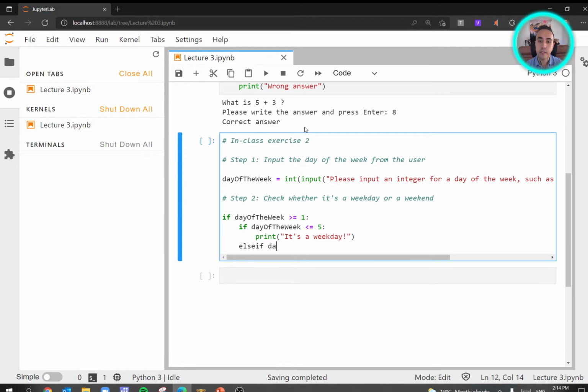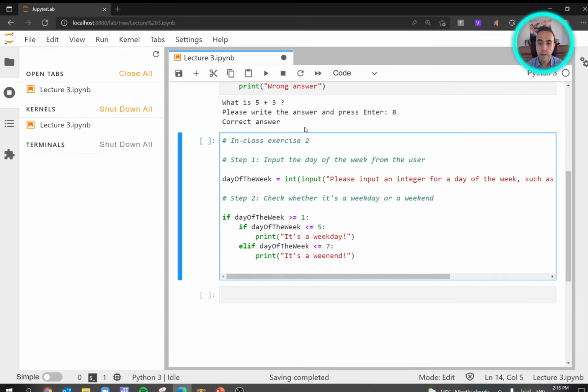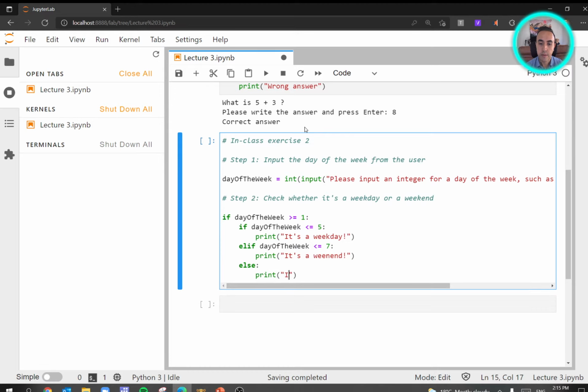Here I put else if, elif, day of the week is less than or equal to 7, I print it's a weekend. And for else, I'll say invalid input.